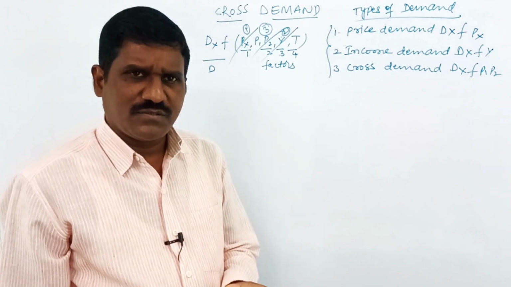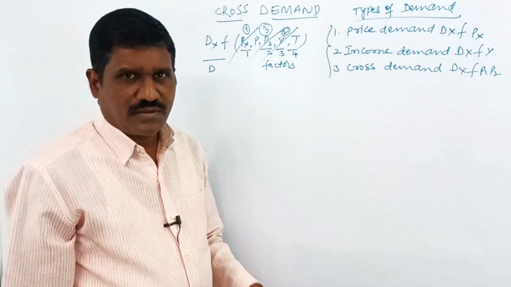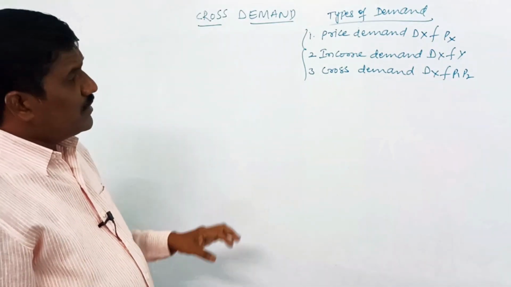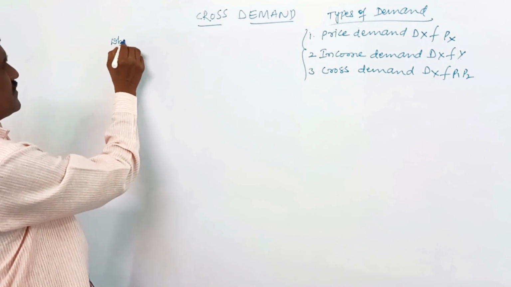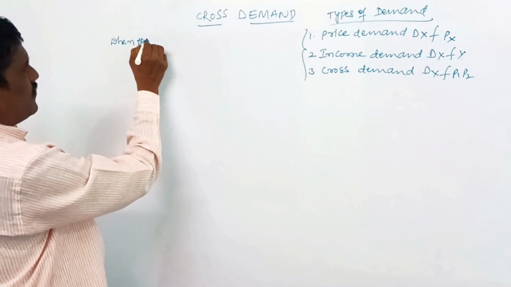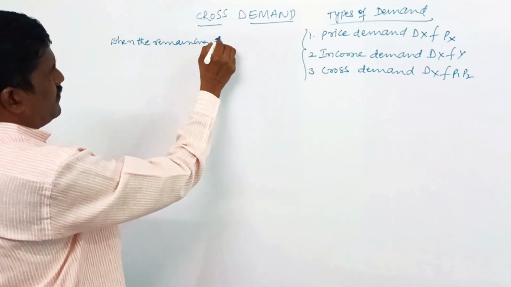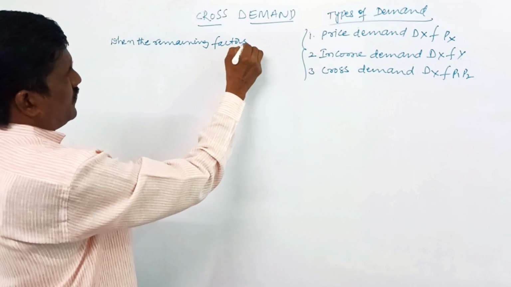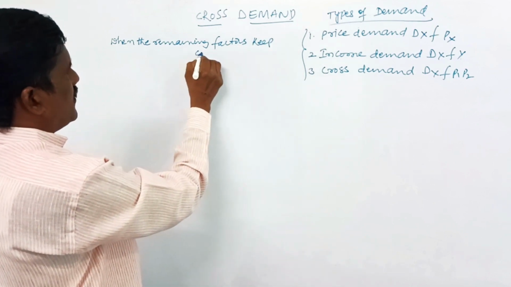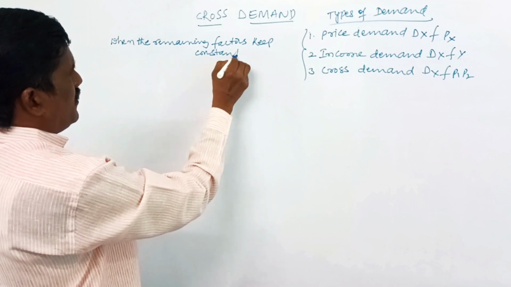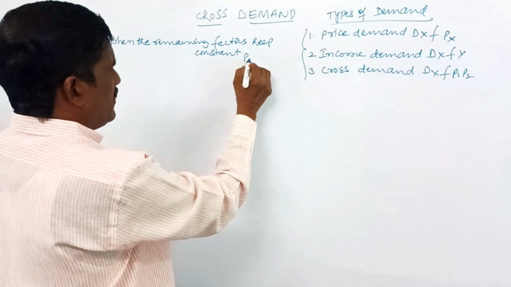Let me analyze how the cross demand can be analyzed. In the cross demand, when the remaining factors are kept constant, which factors are constant?